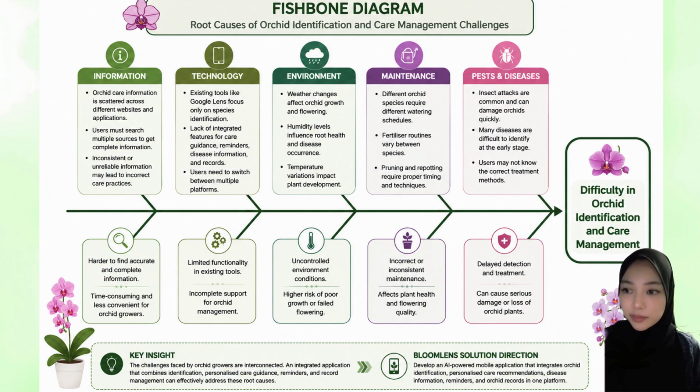An integrated application that combines identification, personalized care guidance, reminders, and record management can effectively address these root causes. So, the Bloomlens solution direction is to develop an AI-powered mobile application that integrates orchid identification, personalized care recommendations, disease information, reminders, and orchid records in one platform.